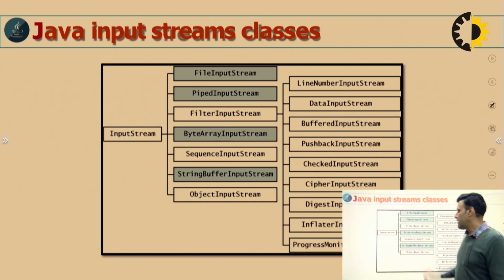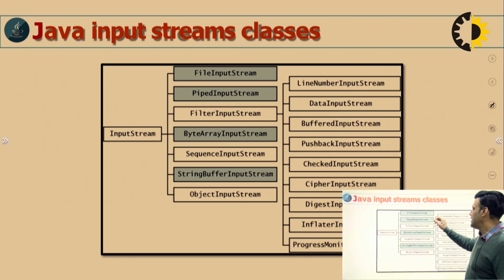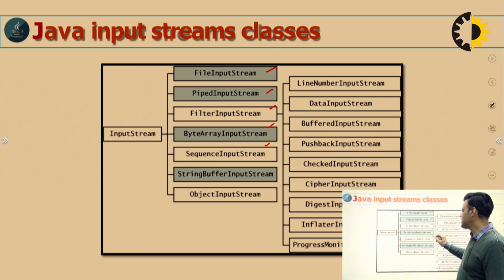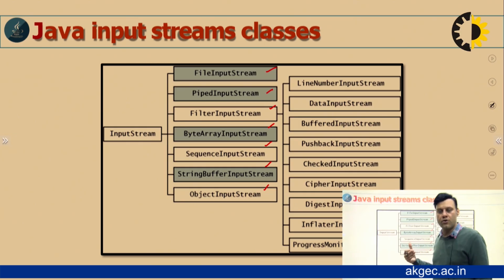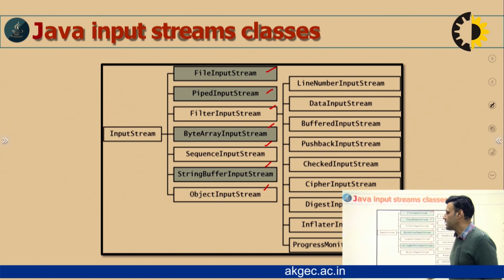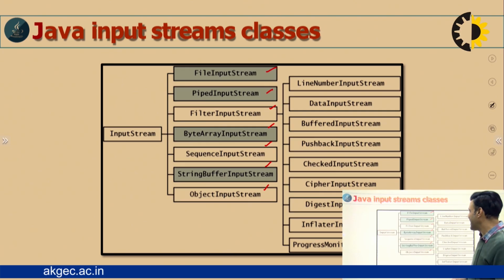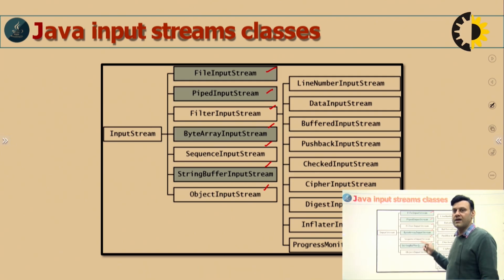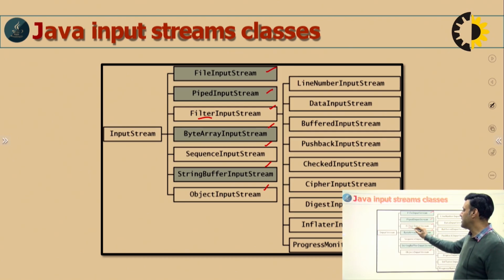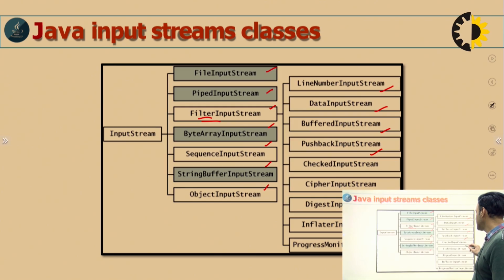Now see, the Java input stream class has FileInputStream, PipedInputStream, FilterInputStream, ByteArrayInputStream, SequenceInputStream, StringBufferInputStream, and ObjectInputStream. What we are going to do is create an object of one of these classes. Under InputStream, these seven are the subclasses. Under FilterInputStream, we have LineNumberInputStream, DataInputStream, BufferedInputStream, PushbackInputStream, CheckedInputStream, CipherInputStream, DigestInputStream, and ProgressMonitorInputStream.